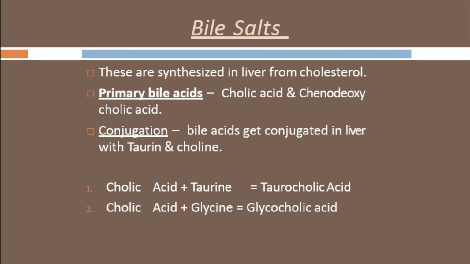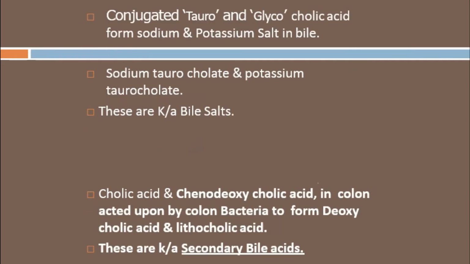If cholic acid gets conjugated with glycine, for example, it will form glycocholic acid. The conjugation to taurocholic and glycocholic acid is mainly what leads to the formation of sodium and potassium salts in bile. So sodium taurocholate and potassium taurocholate. These are known as the bile salts basically.